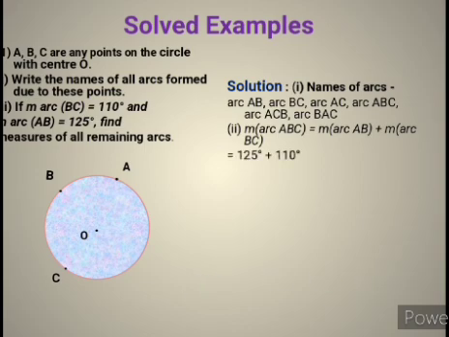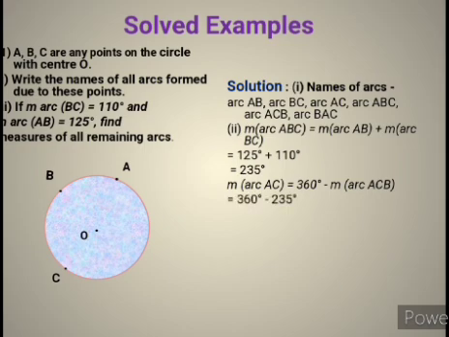Here, second, arc ABC is equal to arc AB plus arc BC, that is 125 degrees plus 110 degrees, equal to 235 degrees. Then measure of arc AC is 360 degrees minus measure of arc ACB, which is 360 degrees minus 235 degrees, equal to 125 degrees. Here there is no summation, there is subtraction: 360 minus 235 is equal to 125.